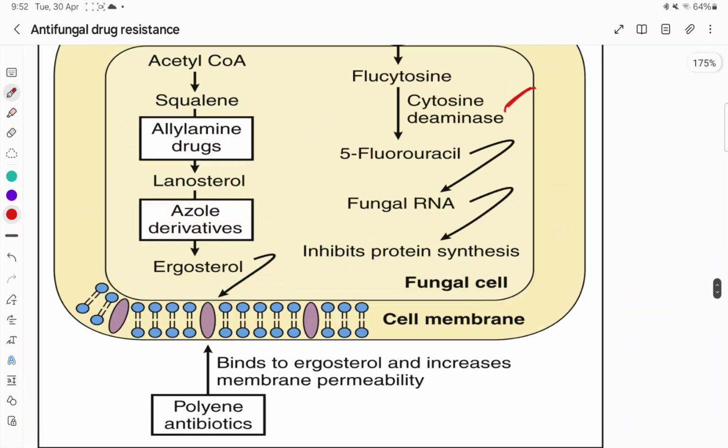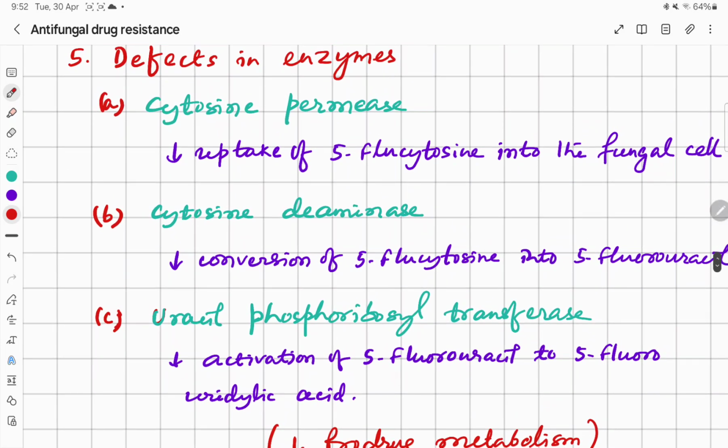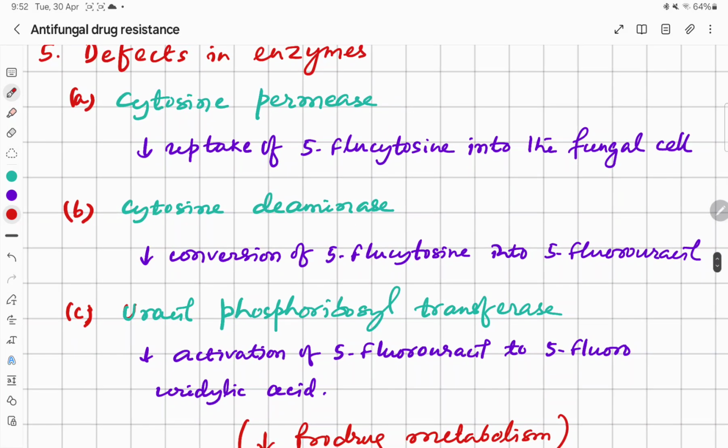And you can see three enzymes. One is cytosine permease. Defect in cytosine permease causes decrease in uptake of 5-flucytosine into the fungal cell. Then defect in cytosine deaminase decreases the conversion of 5-flucytosine into 5-fluorouracil, so activation is inhibited.